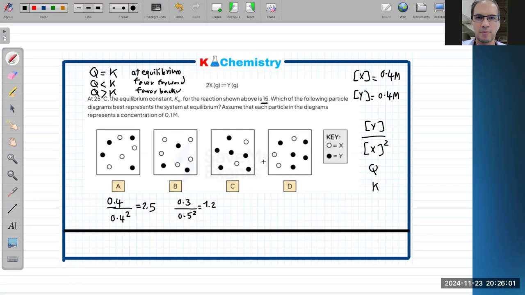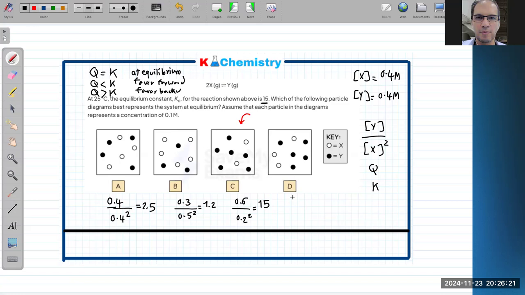The third one is equal to 0.6 because 6 times, and this is 0.2 squared because 2 times. So that's equal to 15. That's our answer. And just for confirmation, we'll do the last one.